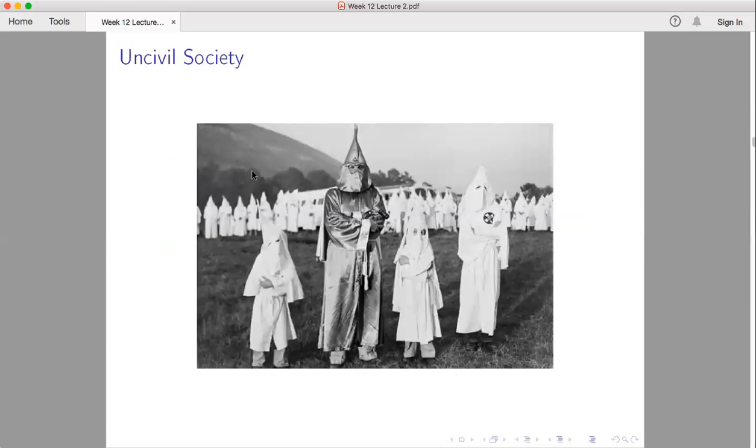They are clearly exclusivist in their ideology, in the fact that they obviously exclude people of color and minorities. They promote illiberal values oriented towards hatred and discrimination. And on more than one occasion, they use violence to promote their agenda. So this is kind of a classic uncivil society group.